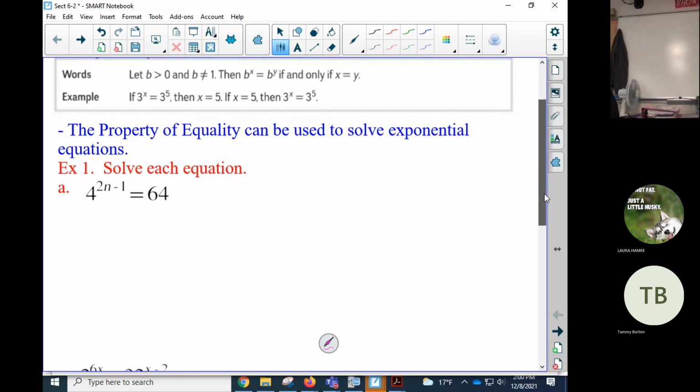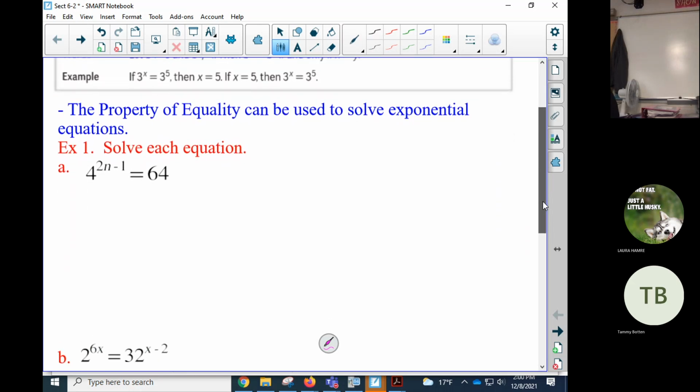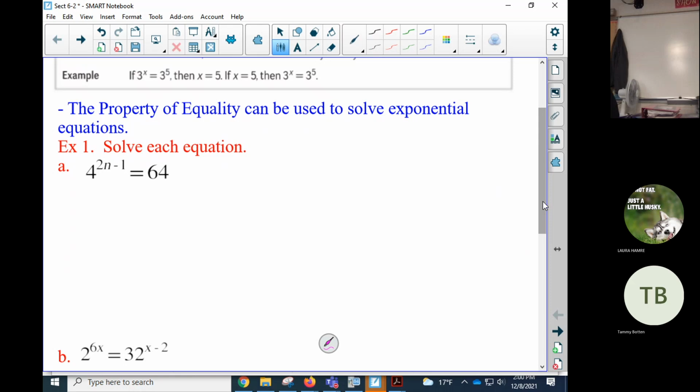So first of all, when you're solving an exponential equation, your goal is to try to get both your bases to be the same. What you try to do when you're solving an exponential equation is get both of these to be the same.